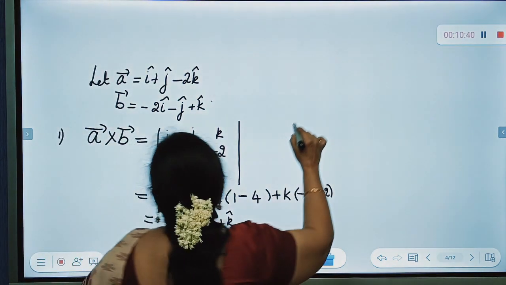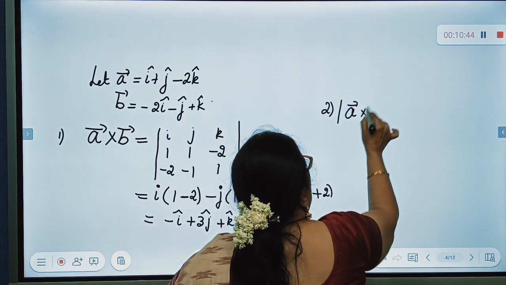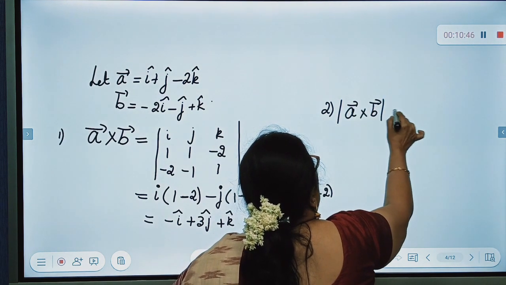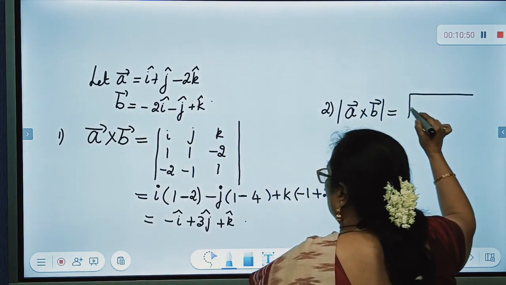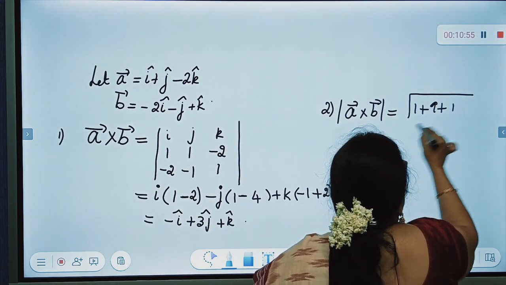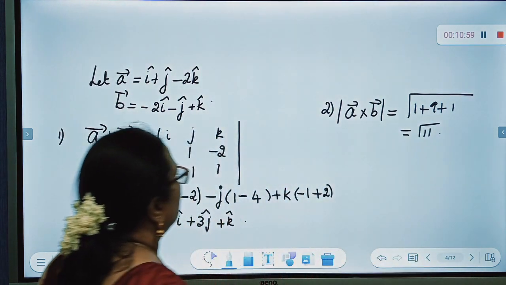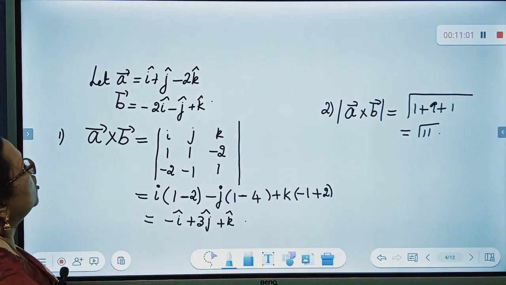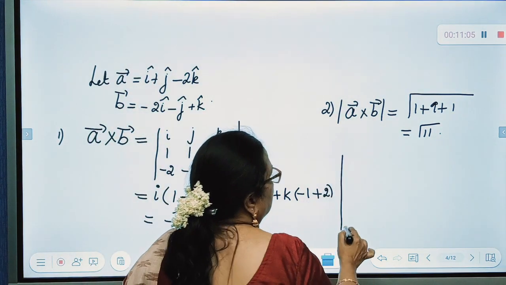Suppose I also ask you what is modulus of A cross B. Modulus of A cross B is square root of 1 plus 9 plus 1, which is root 11. Suppose I ask you to find the sine of the angle between the two vectors.